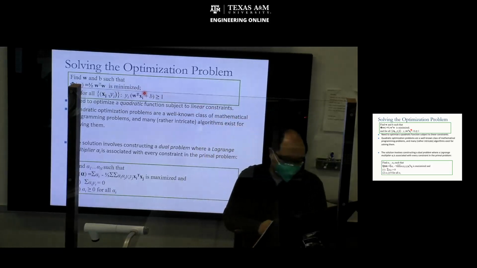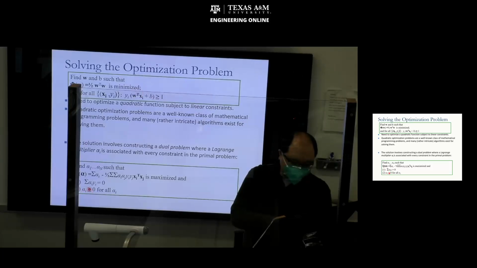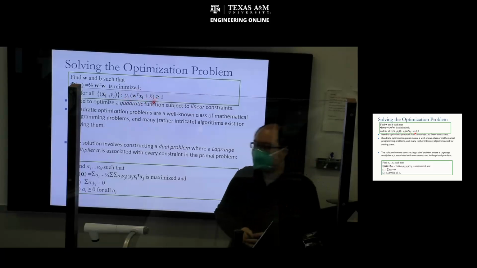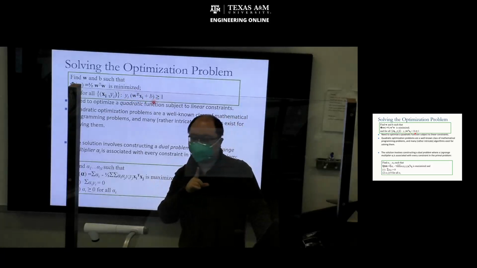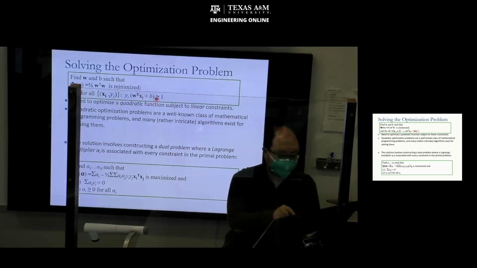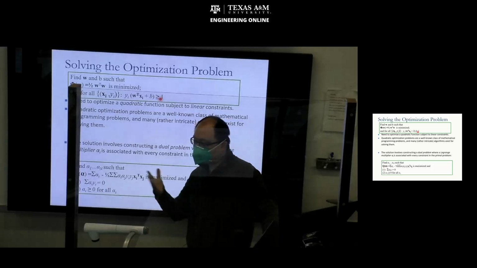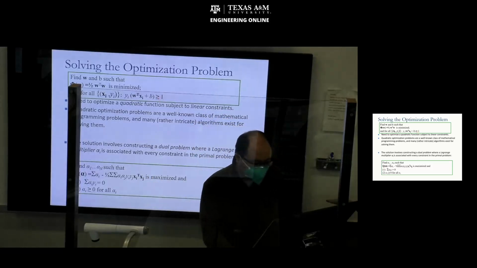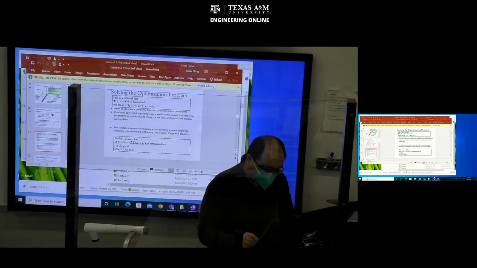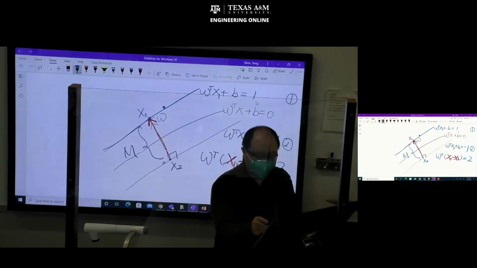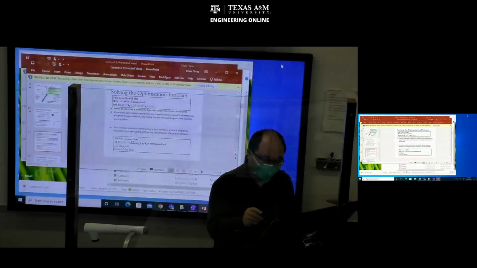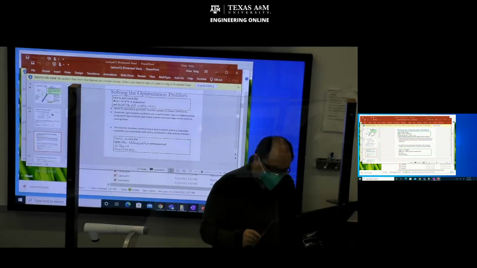Alpha i is strictly positive, non-zero, only if the corresponding constraint i for point or example i is an active constraint, meaning that the equality holds. That makes sense as we just described, right? We have seen before that one is +1 and one is -1 right here for the support vectors. So I hope you get this, okay?